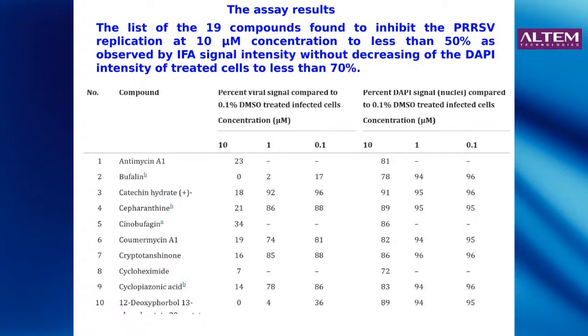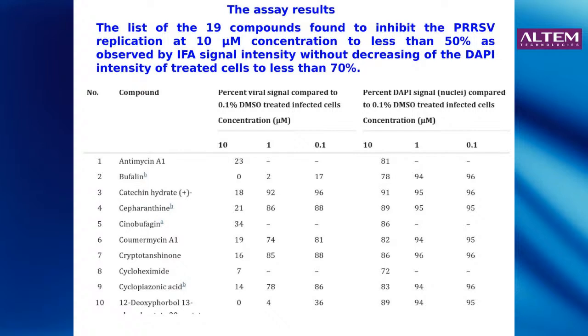And you can see that bufalin reduced the concentration of the virus, and at the same time it did not reduce the concentration of the cells. So the viral signal was brought down to 17% of the untreated cells, whereas the viability of the cells was at 96%. I request you to focus at the second row.